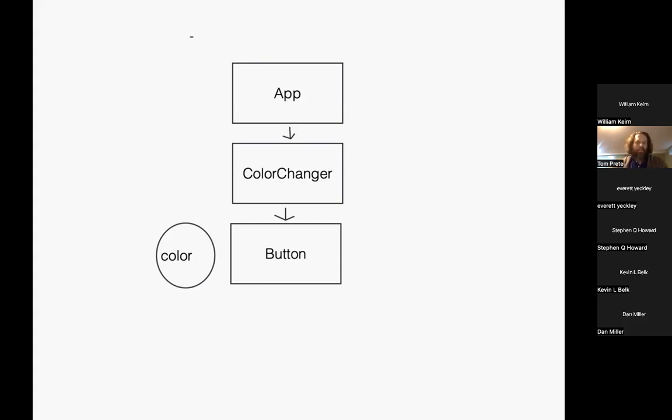So one thing we could do, if we want to add this additional component which is displaying the current color as text, is we could just throw it in button. But the downside of that is that button will now become more crowded. So it's not really just a button component, it's a button and display text component. So what we have to do is add another component.